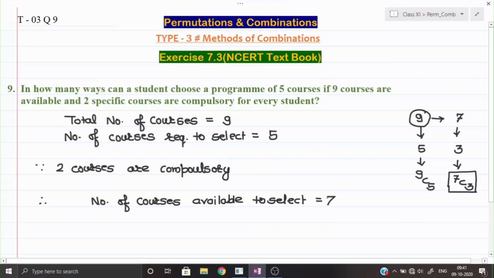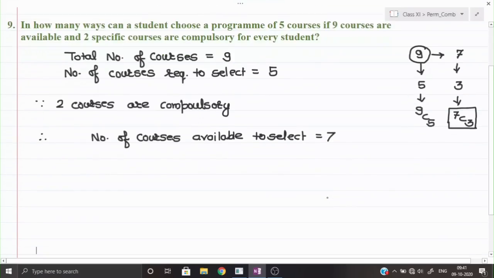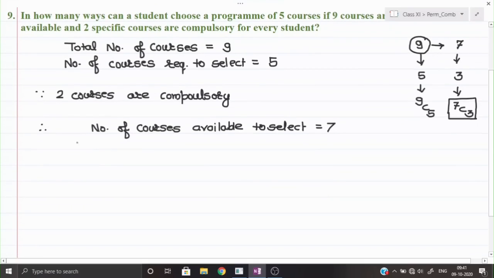Okay, out of 9 we shall subtract 2 here, and now the number of courses required to select will be equal to 3, because now only 3 courses are there which we can select. 2 are already added in our syllabus.